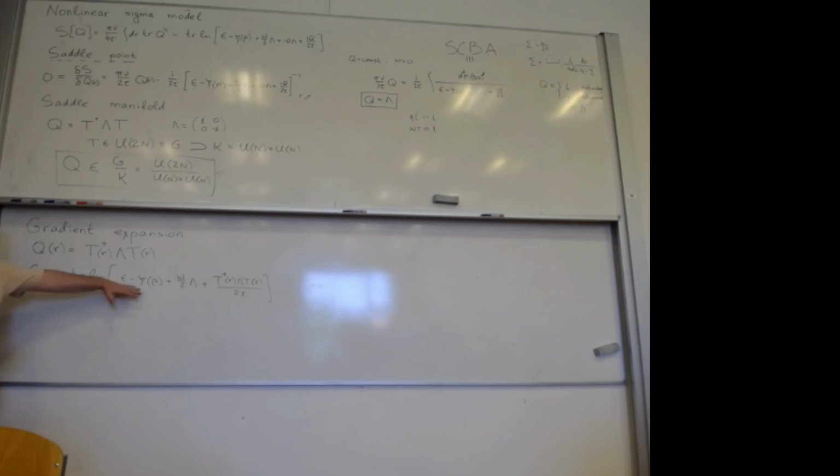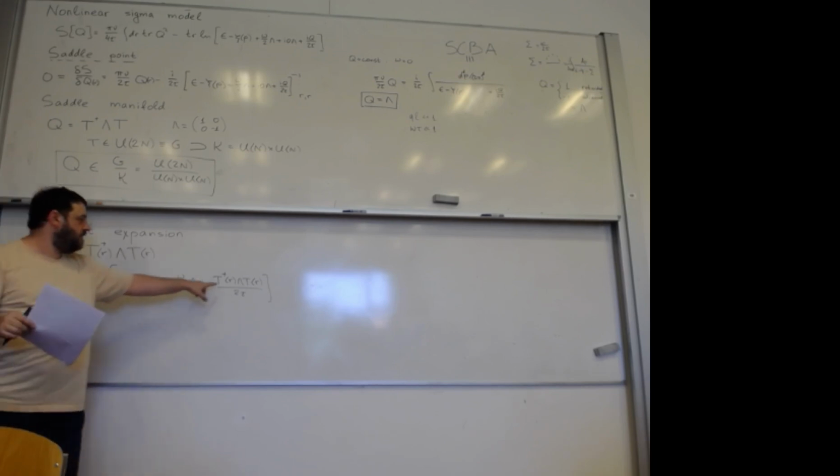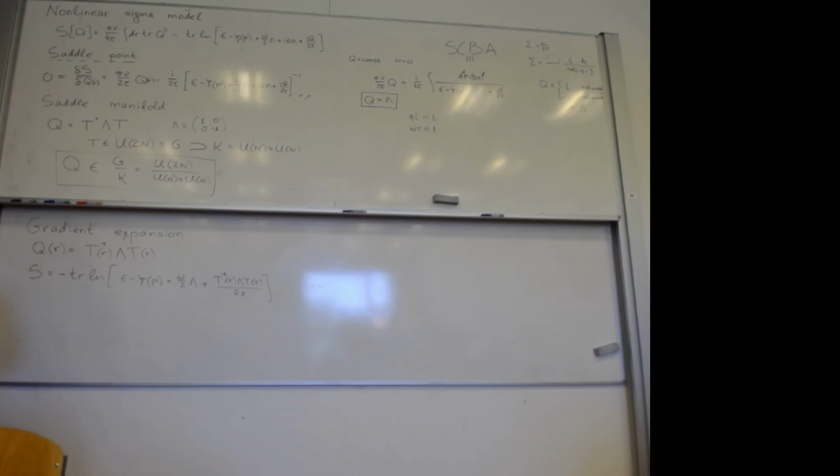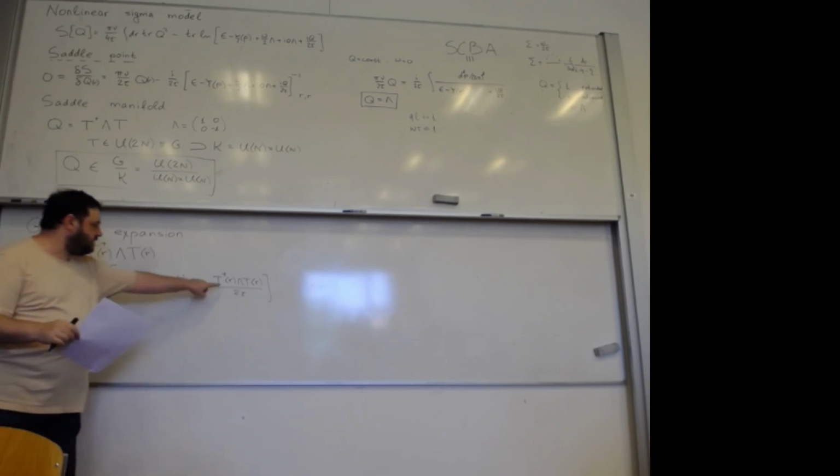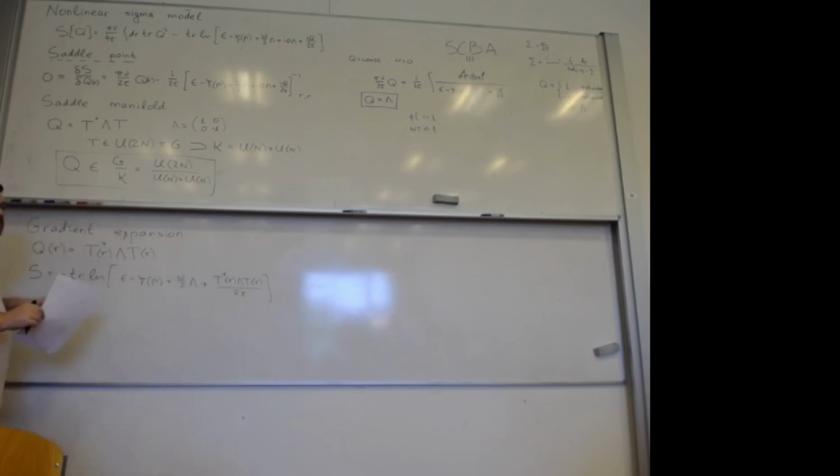Look, now this operator here is no longer diagonal. Before, when Q was constant, it depended on P, on momentum, and in momentum representation, this was a diagonal operator. Now I have a part which depends on P, and a part which depends on R, and I cannot diagonalize it. They do not commute. So I have a sum of two operators that do not commute. I don't know how to make them diagonal, but this one, which depends on R, depends on R slowly.